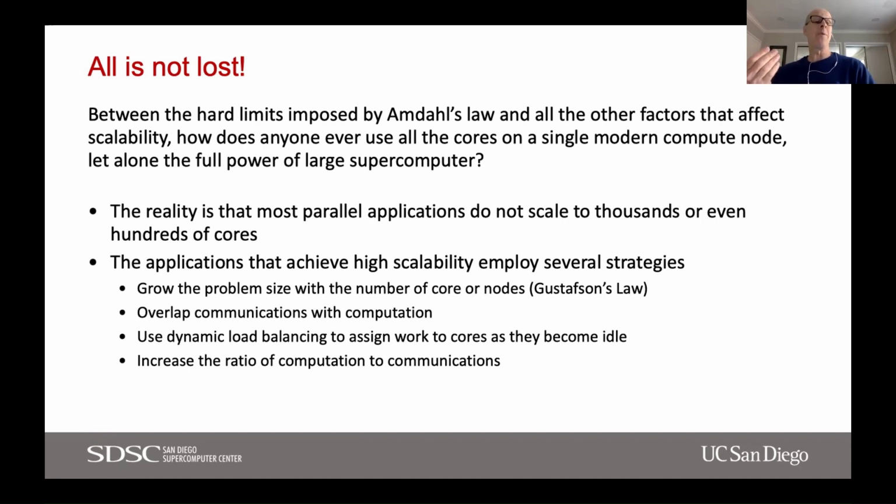So a good example is if you're familiar with computational fluid dynamics. If we extend that to combustion, or what we call reactive flow, the chemistry calculations within each cell are very computationally expensive, and that's going to increase the computation relative to communication, and we can often get better scaling in those situations.